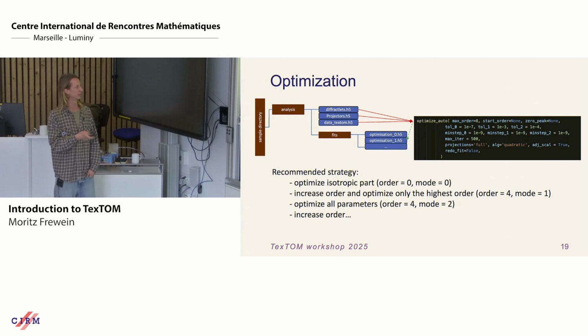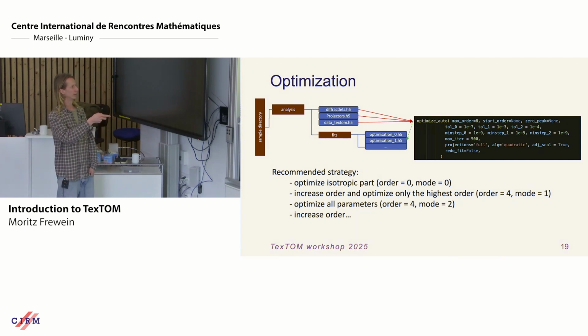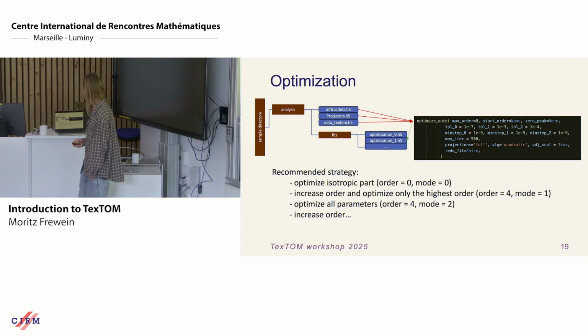You just optimize the isotropic part. This is very fast, of course. Then you increase the order, and mode 1 will let you optimize only the highest order, and then you optimize all of them at once. And then you increase the order until you're happy with your optimization.